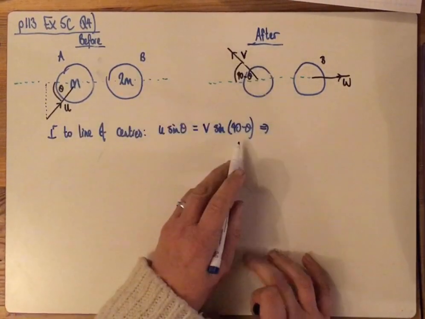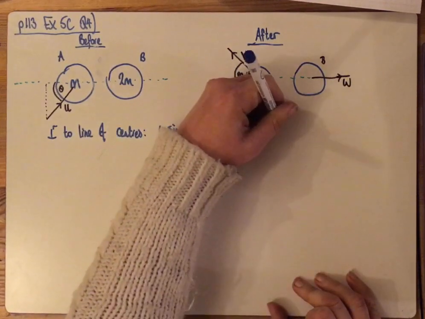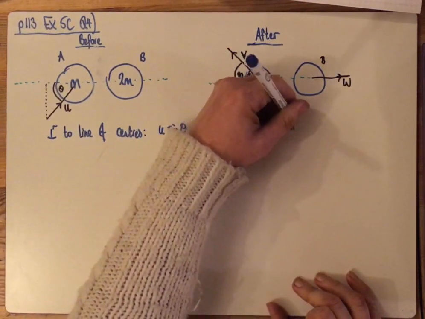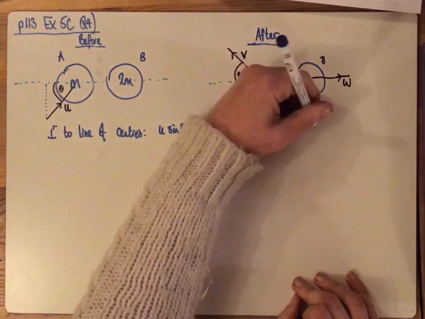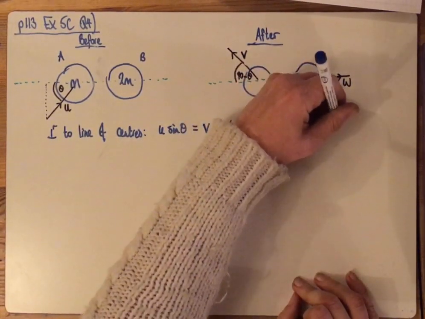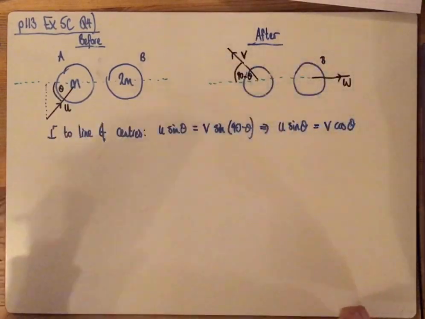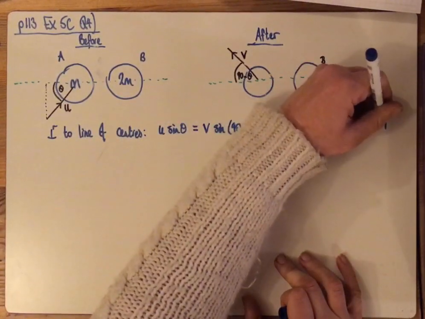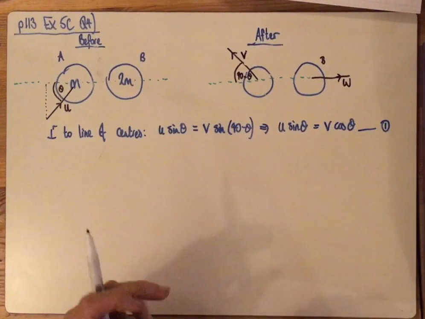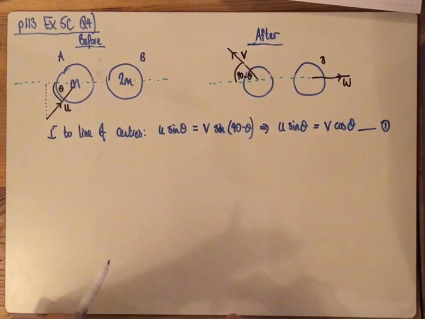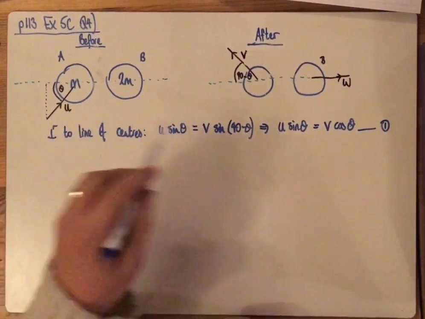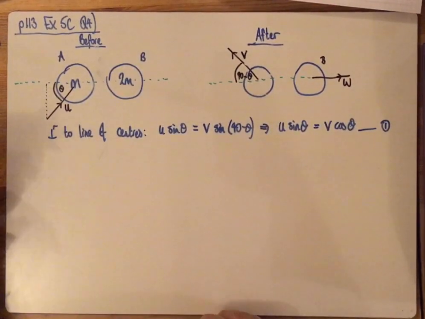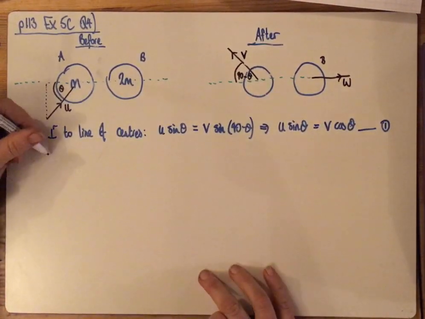We were looking at this in an example the other day, and sine of 90 minus theta is the same as cos theta. So we've got an equation. We've got 4 unknowns, but we're trying to find theta in terms of E. Apart from E, we've got U, V and W, so I'm really looking to get 3 equations out of this.